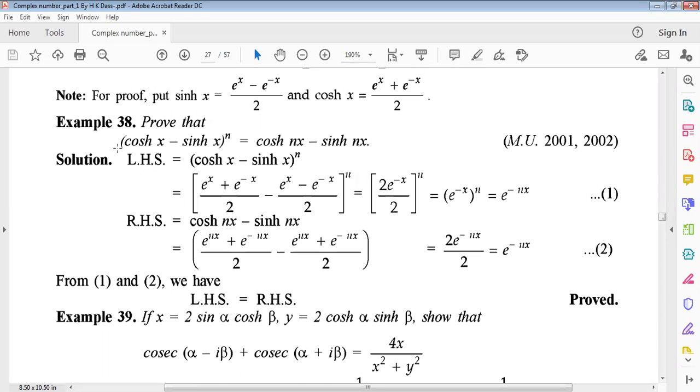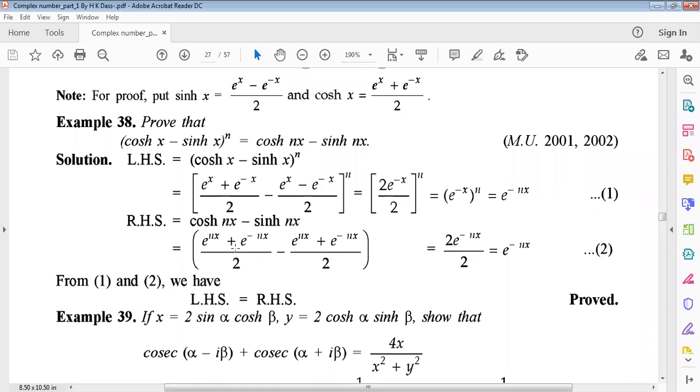Now the left hand side: cos hyperbolic x minus sin hyperbolic x, whole to the power n. Cos hyperbolic x equals what? This is the formula e to the power x plus e to the power minus x divided by 2, minus sin hyperbolic x, which is e to the power x minus e to the power minus x divided by 2, just with the negative sign. Now taking the LCM, we get 2 into e to the power minus x divided by 2. The 2 cancels, giving e to the power minus nx, equation number 1.